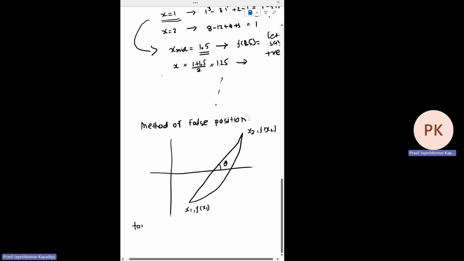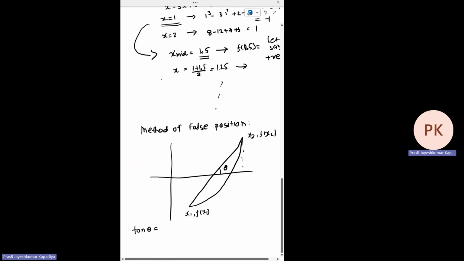So tan theta is equal to this distance, that is f of x2 divided by x2 minus x3, where x3 is my solution, and that tan theta will be equal to f of x2 minus f of x1 divided by x2 minus x1. Now you can make x3 the subject and find your x3, then again from x3 to x4 you can proceed like this. So this is also an iterative method. This is called the method of false position.